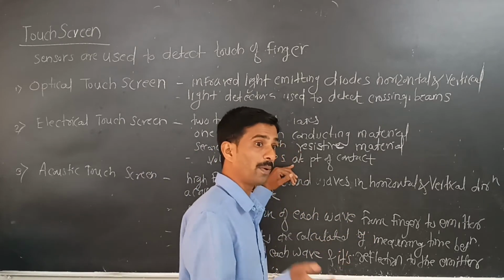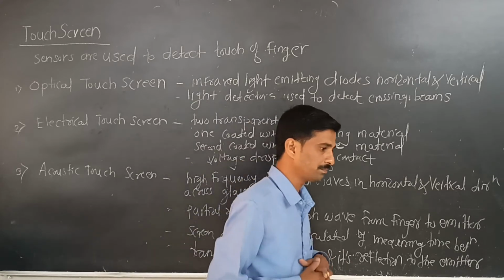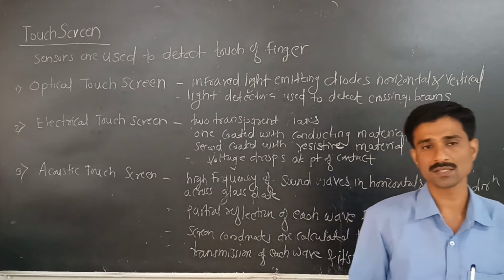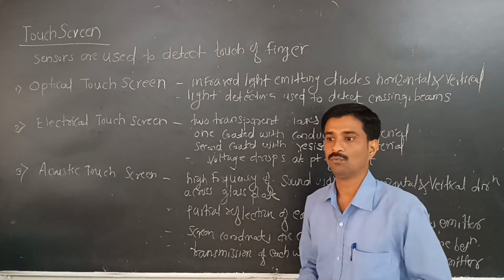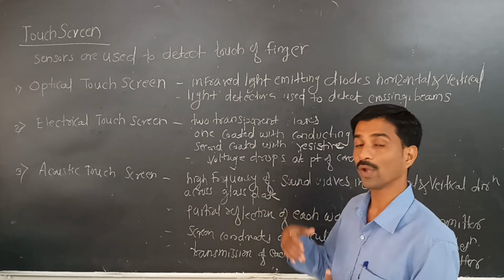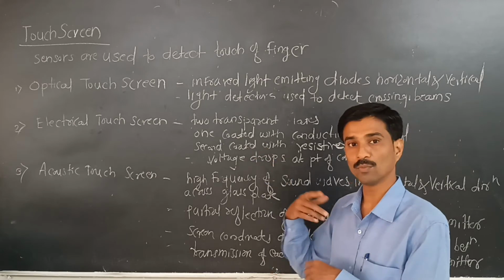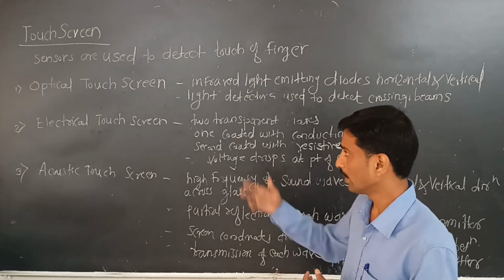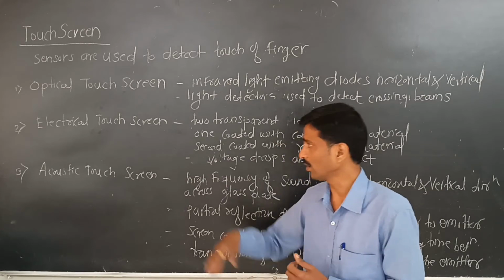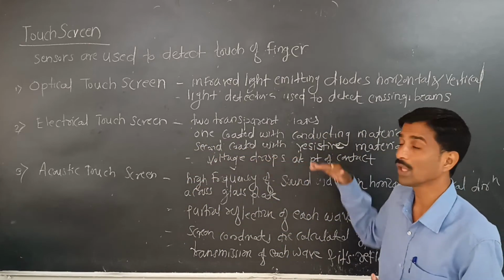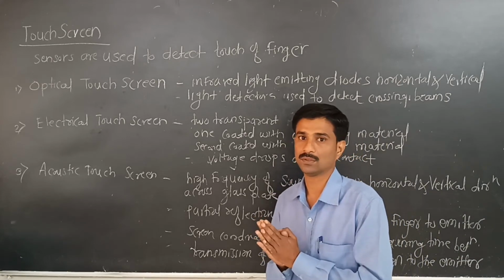Depending on that voltage drop, it will calculate the x and y coordinate, and automatically detect which function we have to perform through that electrical touch screen. Here in the electrical touch screen we are using two glass plates.